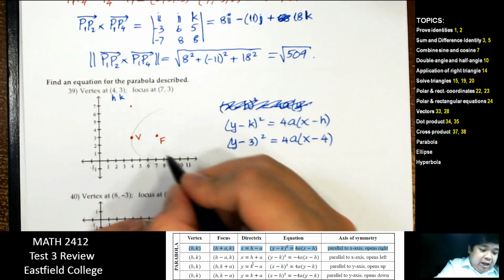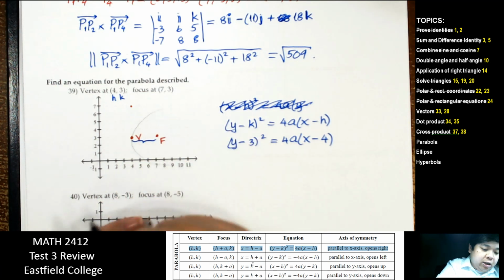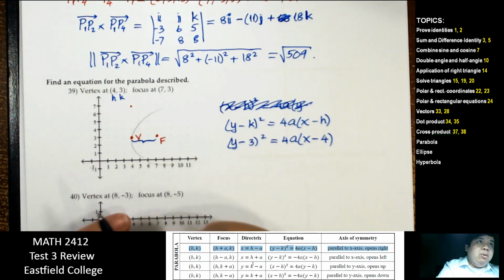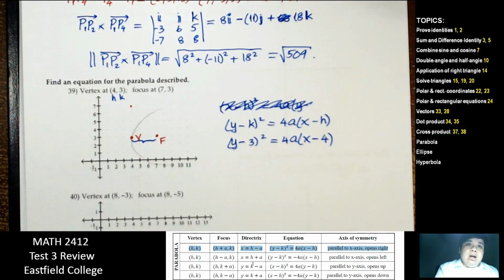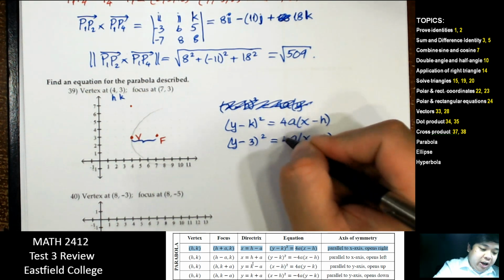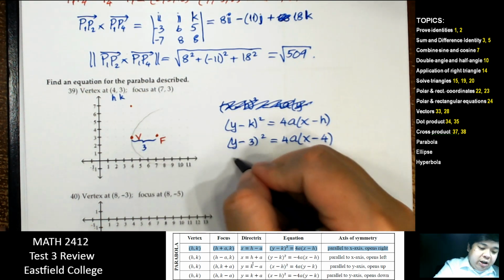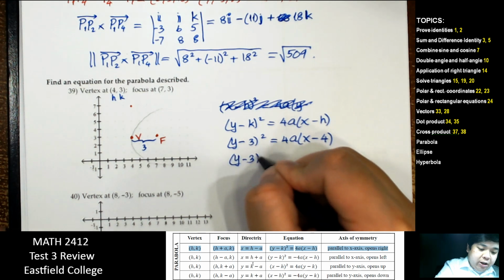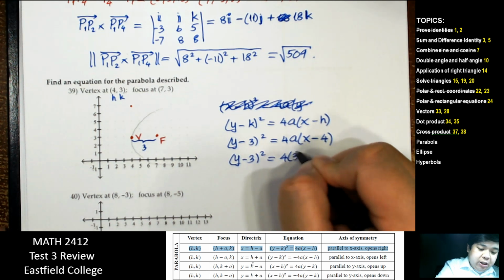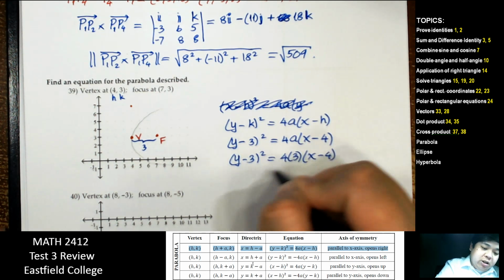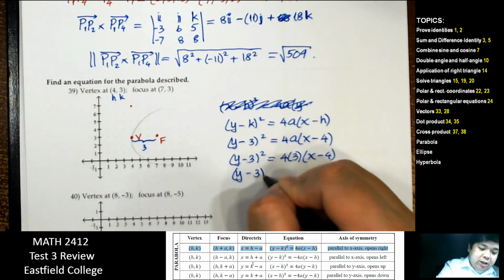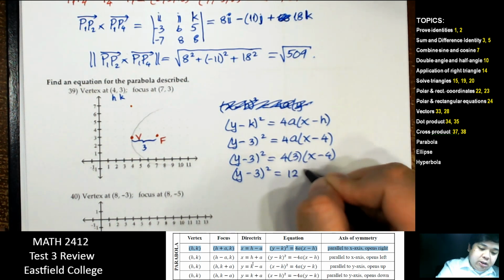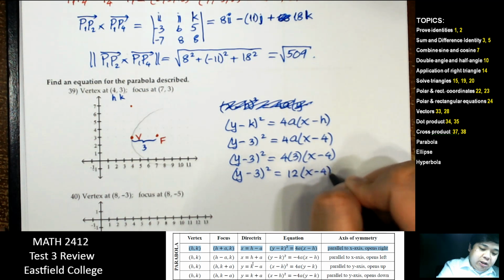And then a is the distance between the vertex and the focus. If it opens to the right, it's going to be positive. So we have, this is distance 3, so we have y minus 3 squared equal to 4 times 3 x minus 4, which is y minus 3 squared equals 12 x minus 4.